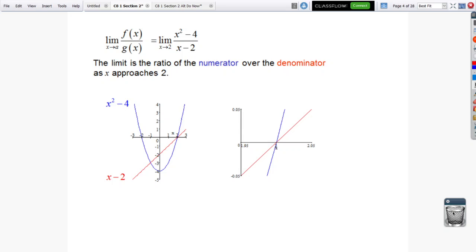So you can see down here, I have the numerator graphed as blue and the denominator graphed as red. It doesn't matter how far we zoom in here, we're talking about the blue value divided by the red value, which is always this 0 divided by 0 that we have. Will always be 0 divided by 0.